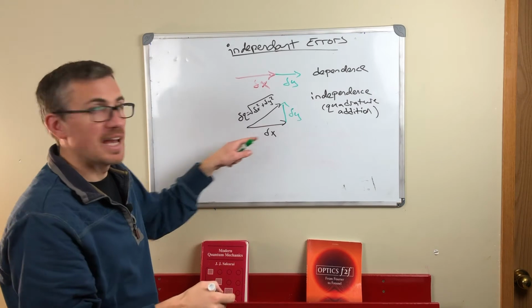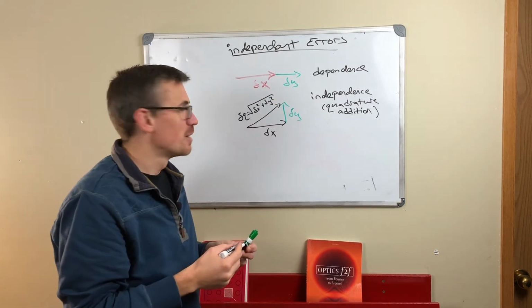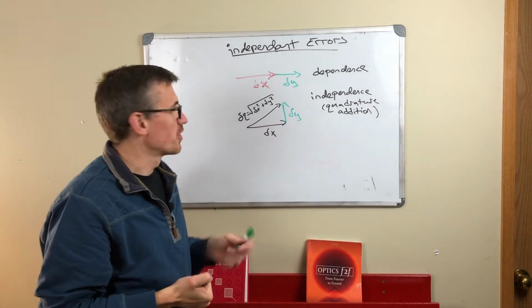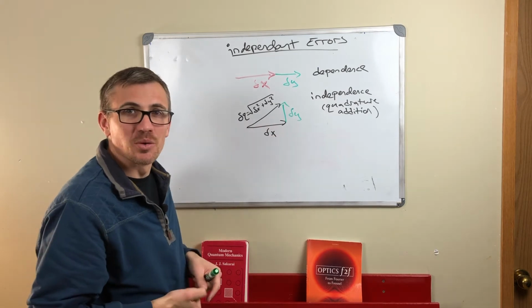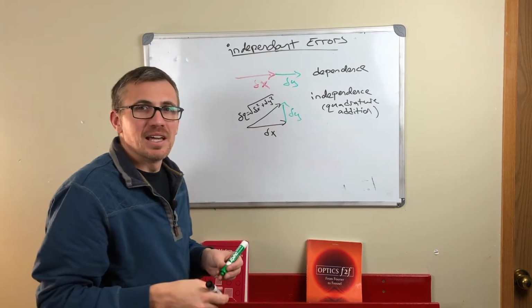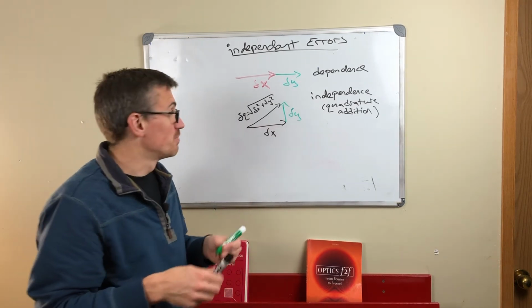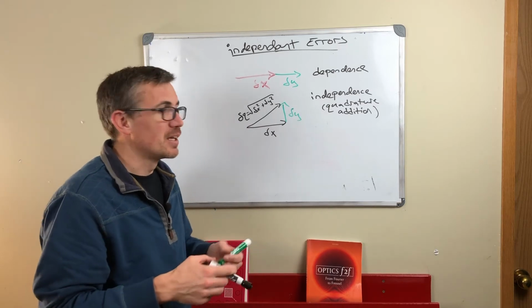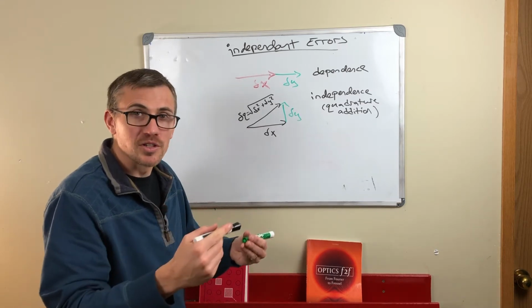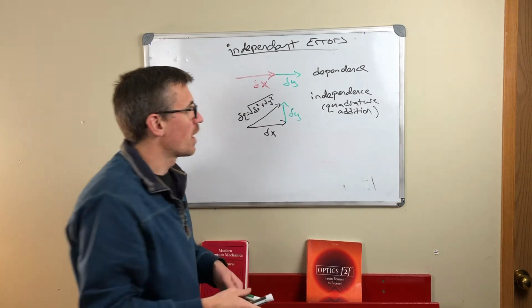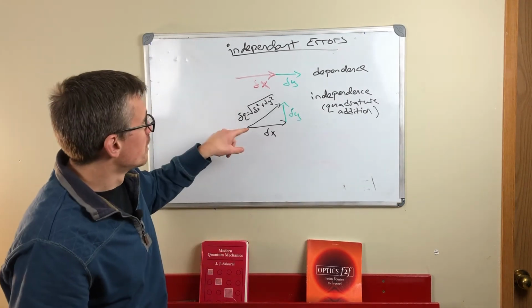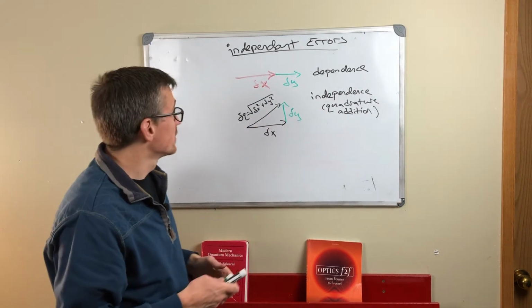Quadrature addition means they add orthogonally like this. We use the Pythagorean rule. Why quadrature? Well, this is kind of the way that sines and cosines go. They're 90 degrees out of phase, right? And if we remember, we mentioned it briefly when we were talking about sines and cosines, that we have the sine and the cosine quadratures. So that's why this is called quadrature addition. They add like orthogonal quantities.